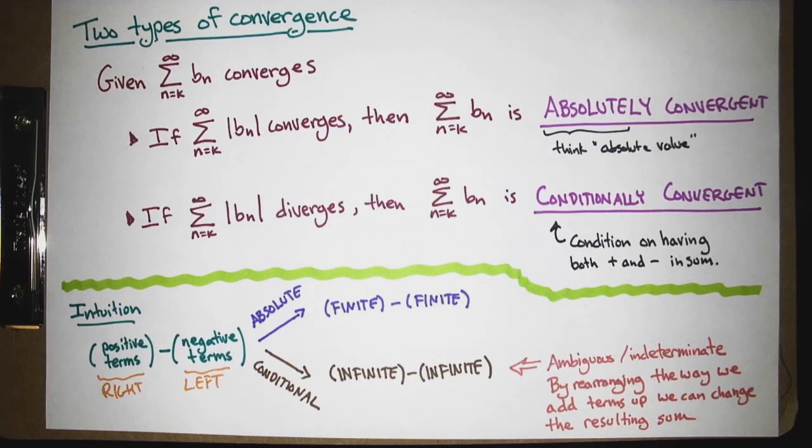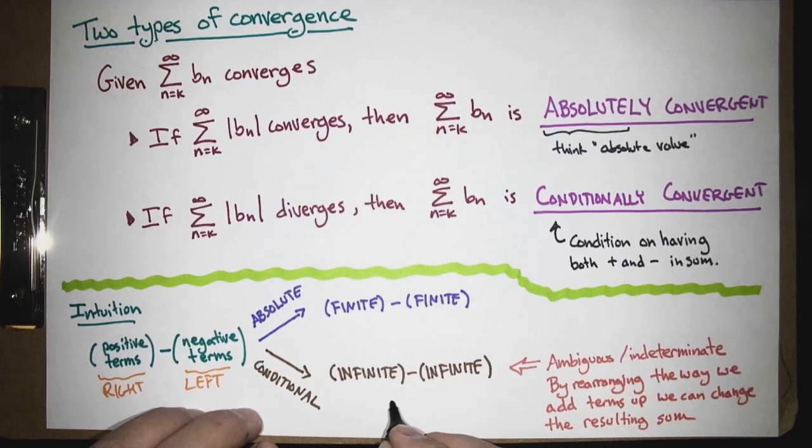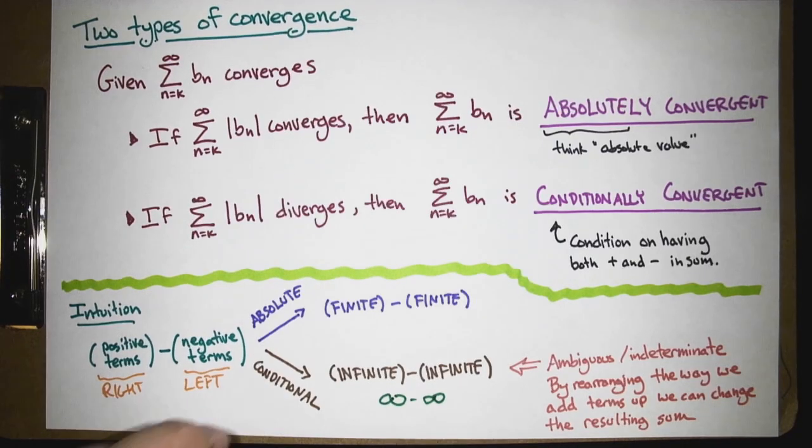When you're conditionally convergent, the amount you move to the right is infinite, and the amount that you move to the left is infinite. Which means that when you look at your sum, you have an infinity minus an infinity, if you were to break it up that way. And what's true about infinity minus infinity? Yeah, more work is what we often say. It's an indeterminate number. It's an ambiguous number.